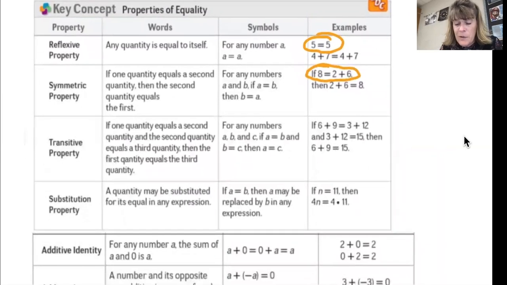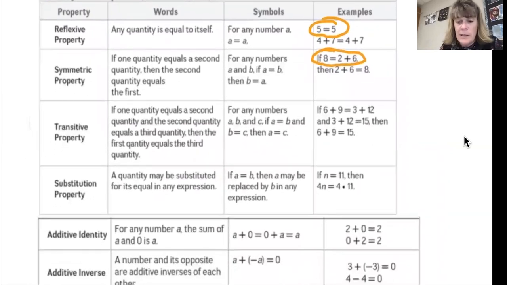Okay, again, not something we need to focus a lot of time on. All right, the substitution property says that if A equals B, then you can replace A with B at any given time, or B with A, because they're equivalent. You can replace them with each other.